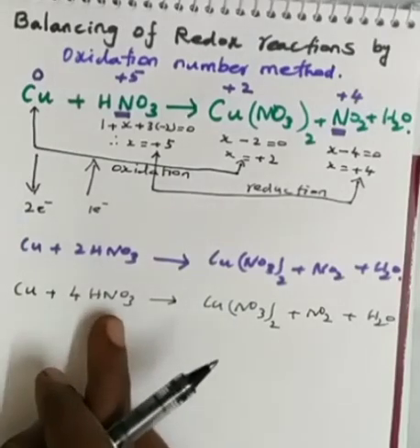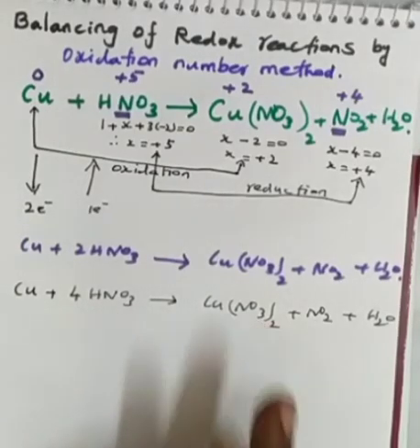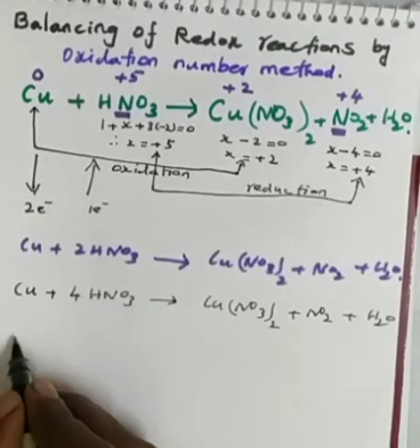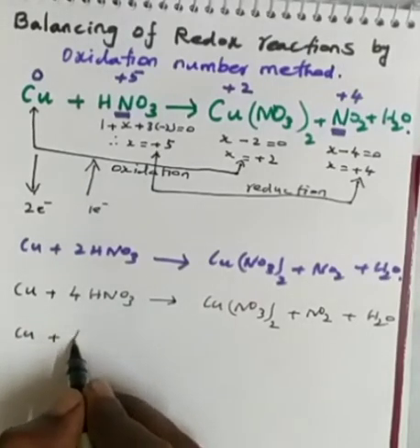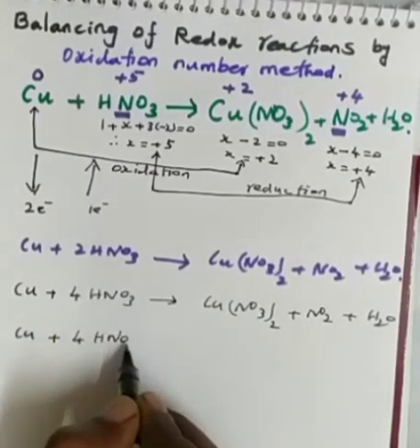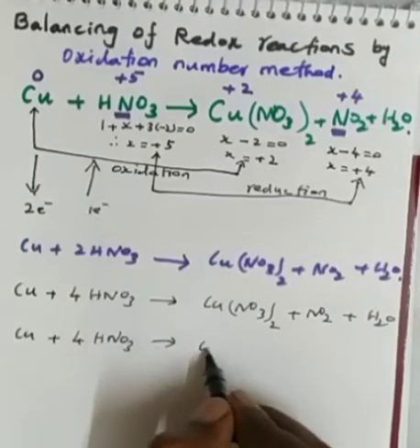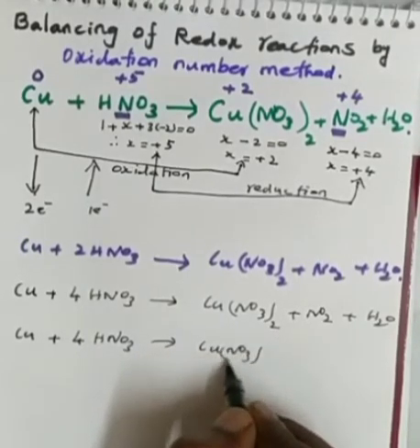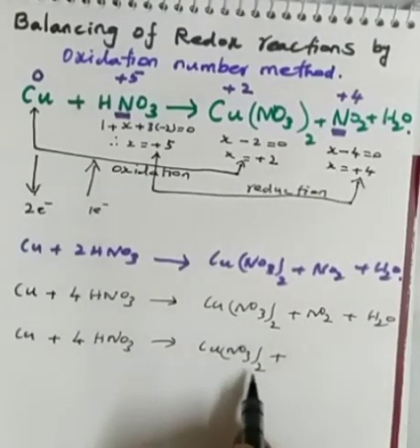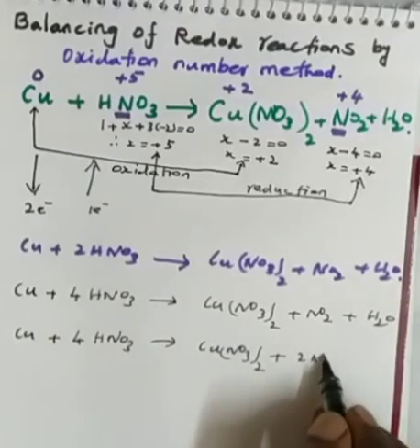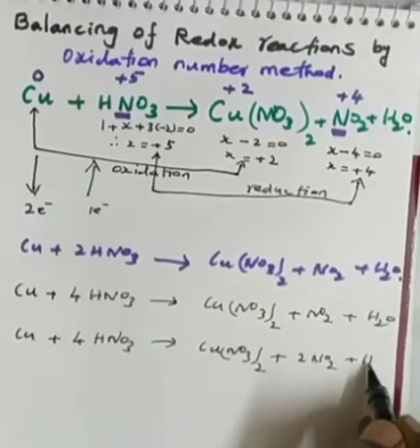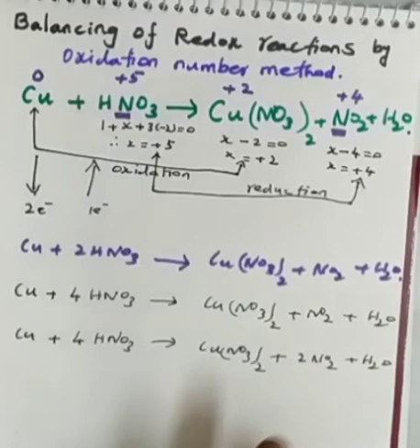When I bring 4 nitrogen in the left hand side, already 2 nitrogen is there. So the next step: Cu plus 4 HNO3 gives Cu(NO3)2, where already 2 nitrogen is there. I am going to bring 2 more nitrogen in the right hand side. So 2 plus 2 is 4, nitrogen is equal.